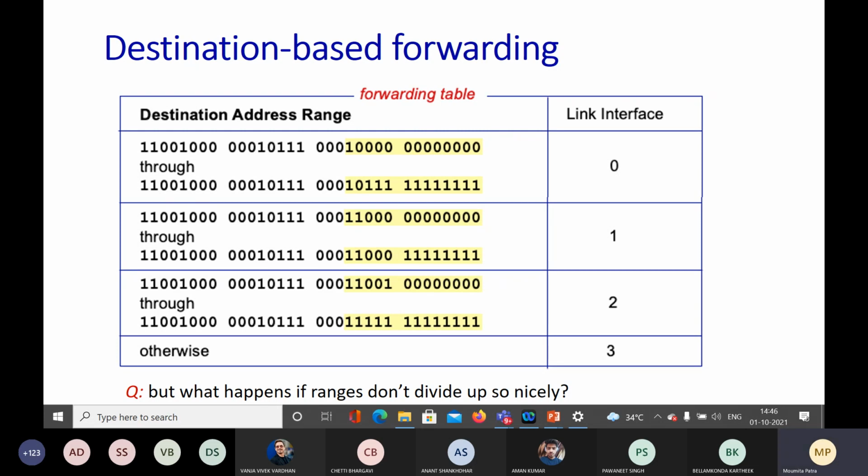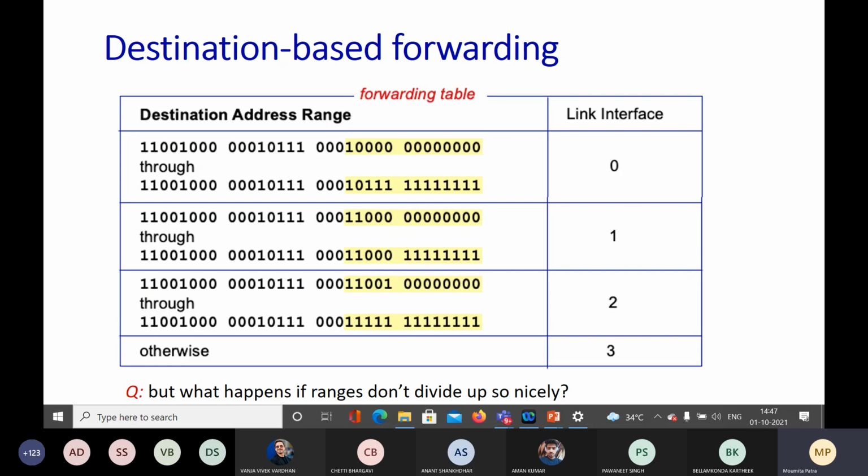This assumes that all the ranges are known, and there is a default: otherwise, if it does not fall into these ranges, then the link that will be used is 3, and through that the datagram will be transferred.